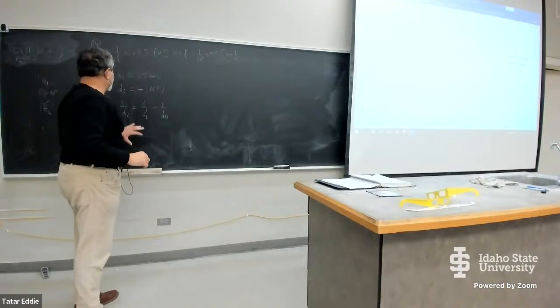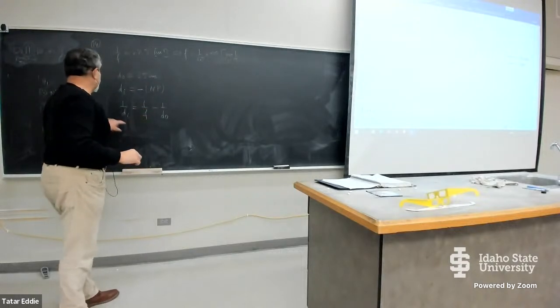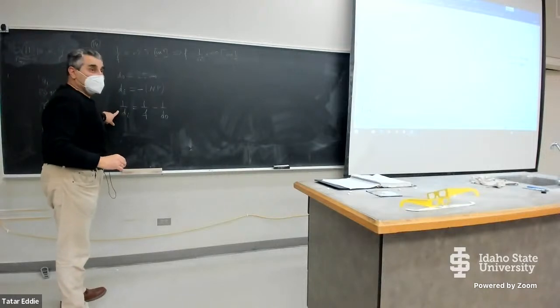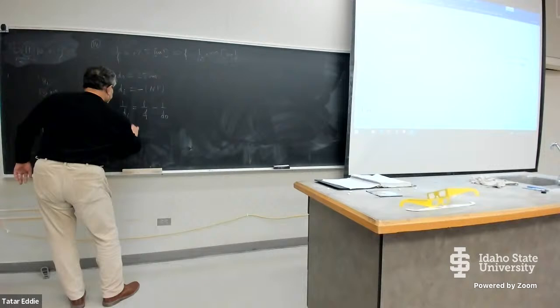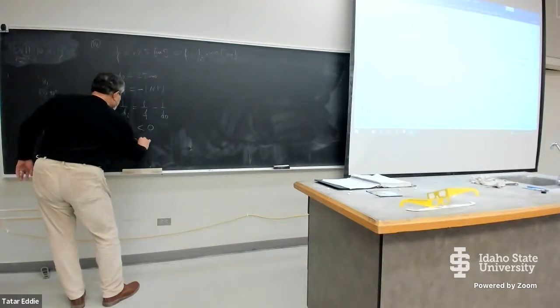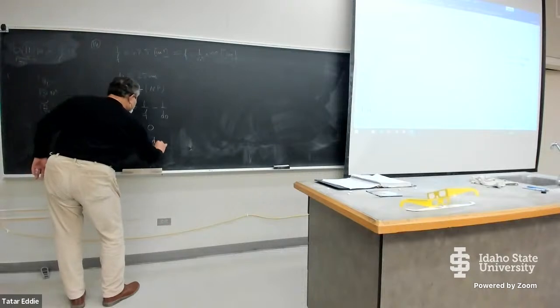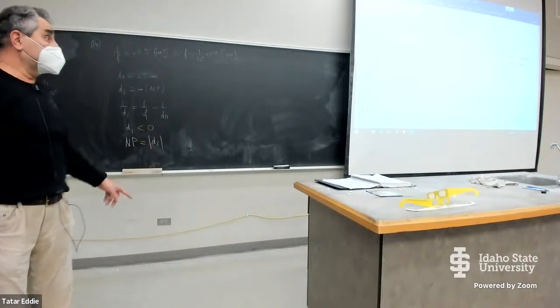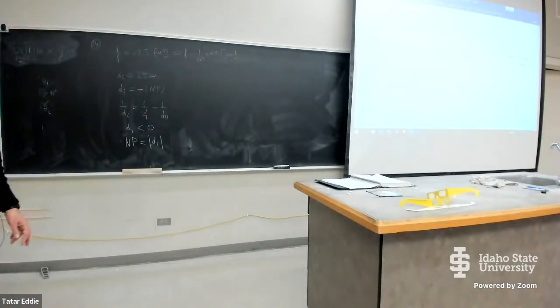DO is positive 25, negative sign here. You're going to get some negative number for DI, and you're going to say near point is equal to DI with absolute value, whatever that number is. Hopefully it is going to be one of the choices.